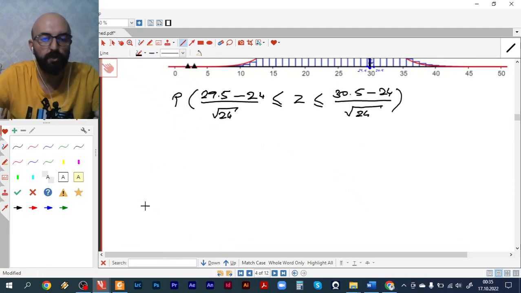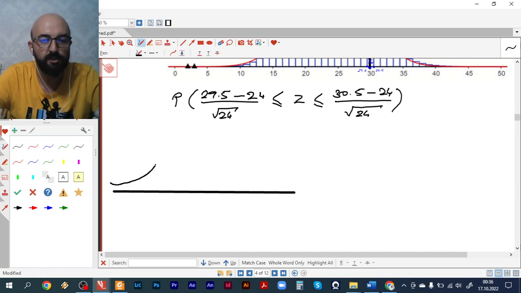We should remember to use the normal distribution curve. Please remember that the normal distribution curve is a very symmetrical curve, and the middle of this curve means 0.